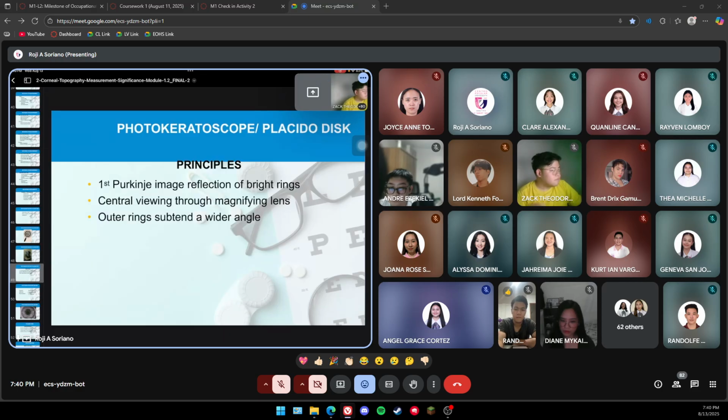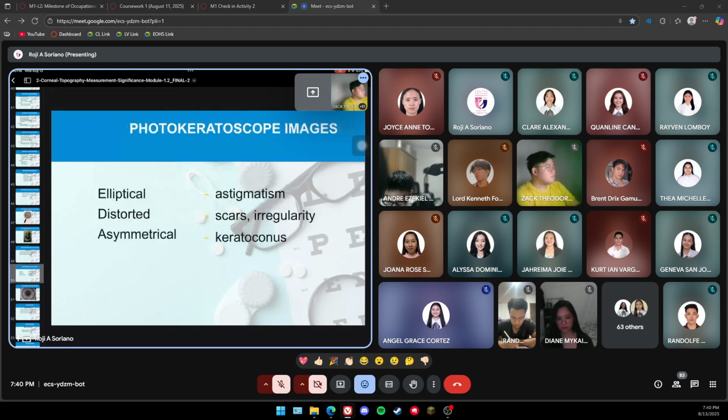Wonderful. Okay, so the principle there is, of course, the first Purkinje image reflection of bright rings. It's the rings, okay? With central viewing through a magnifying lens and outer rings subtending a wider angle, from center all the way to the periphery. So again, you'd see elliptical mires when you have astigmatism.